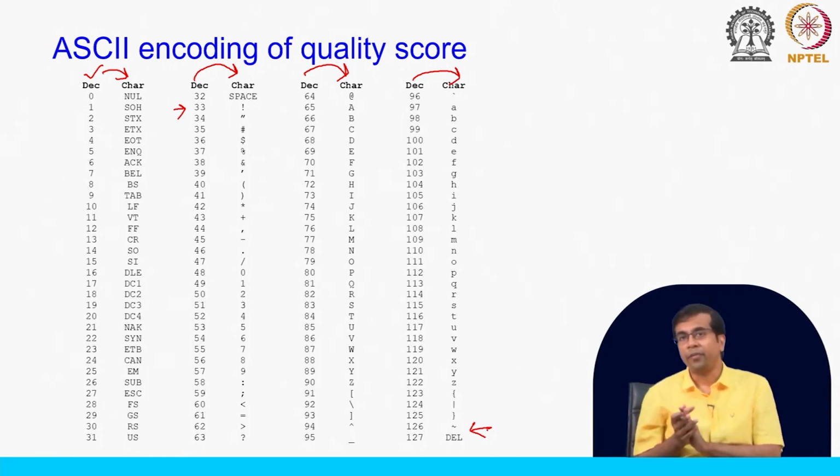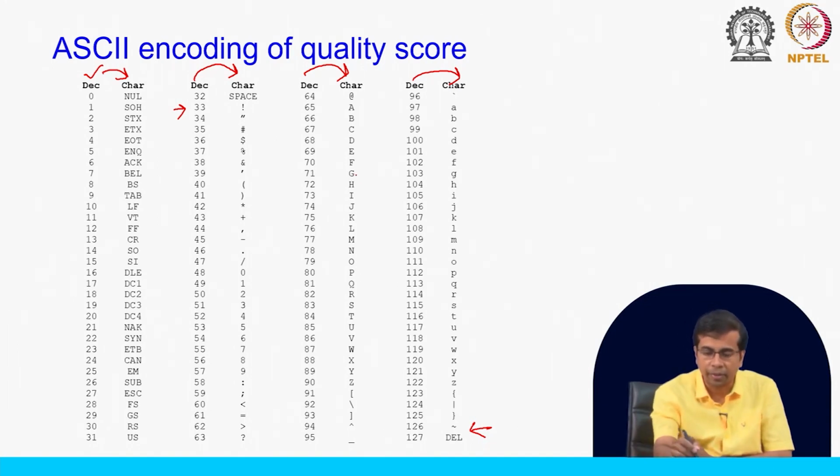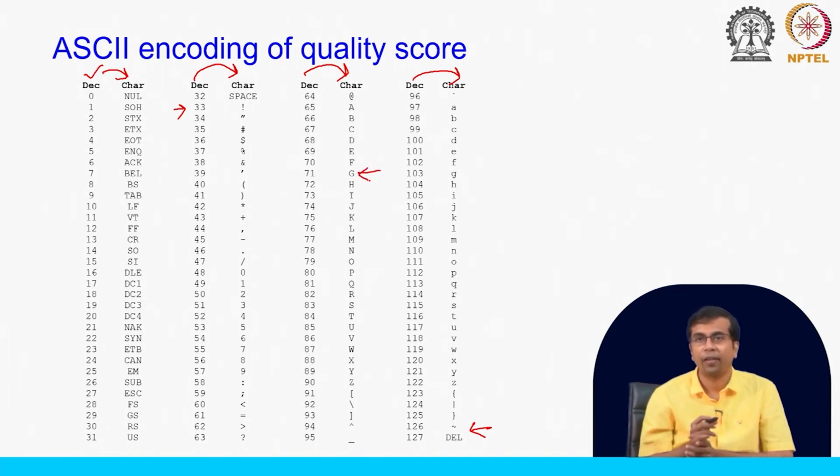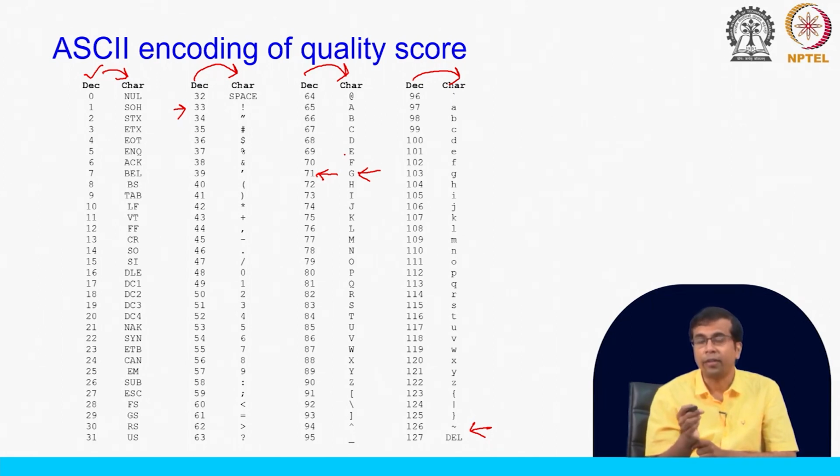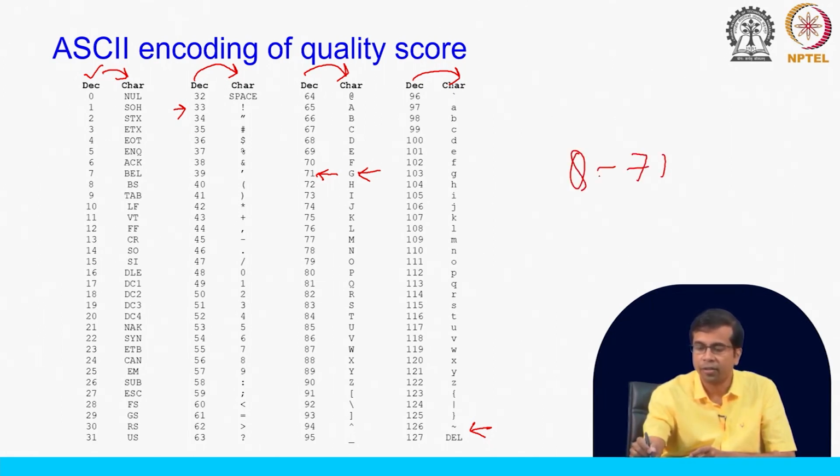On the other hand, if you see the encoding, right, for example, you saw this capital G, okay, in many of these data sets, right. So, for many bases it was G, right, you had this encoding G. So, G now corresponds to 71, right. Now, if you want to calculate the actual quality score, the actual quality score will be 71 minus 33 in Phred plus 33 encoding, right.